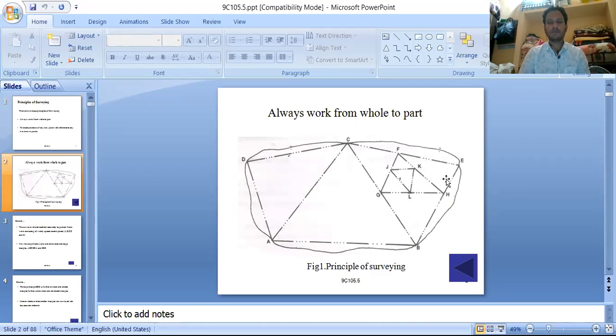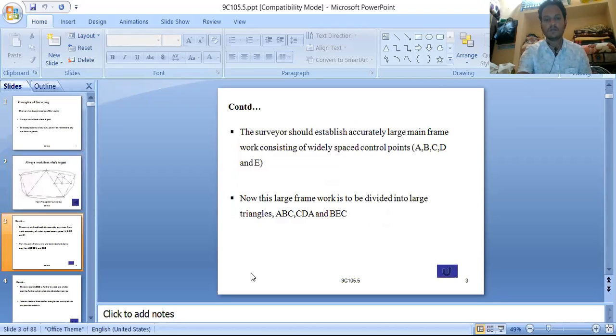This shows the framework of triangles which we perform during the survey. So this diagram shows we have divided the entire area into number of triangles. The surveyor should establish accurately large mainframe work consisting of widely spaced control points, say A, B, C, D, etc. Now this large framework is to be divided into a number of interconnected triangles.